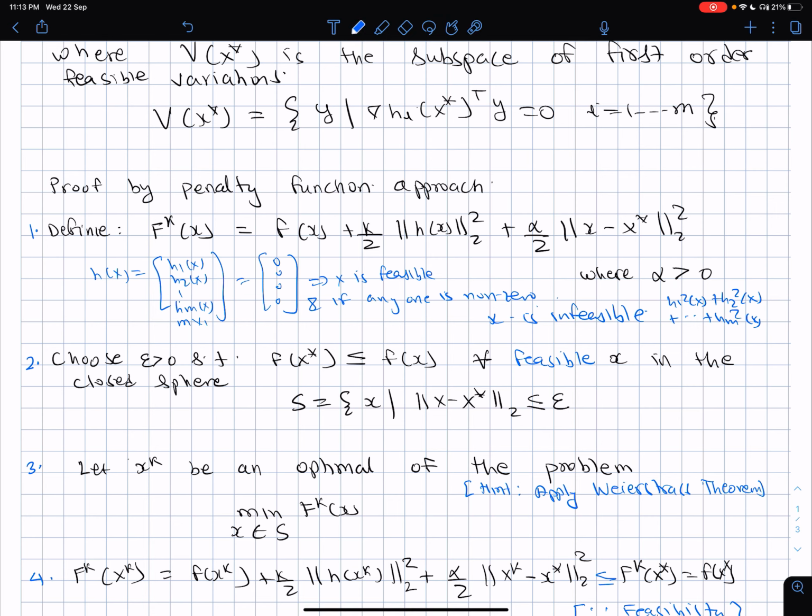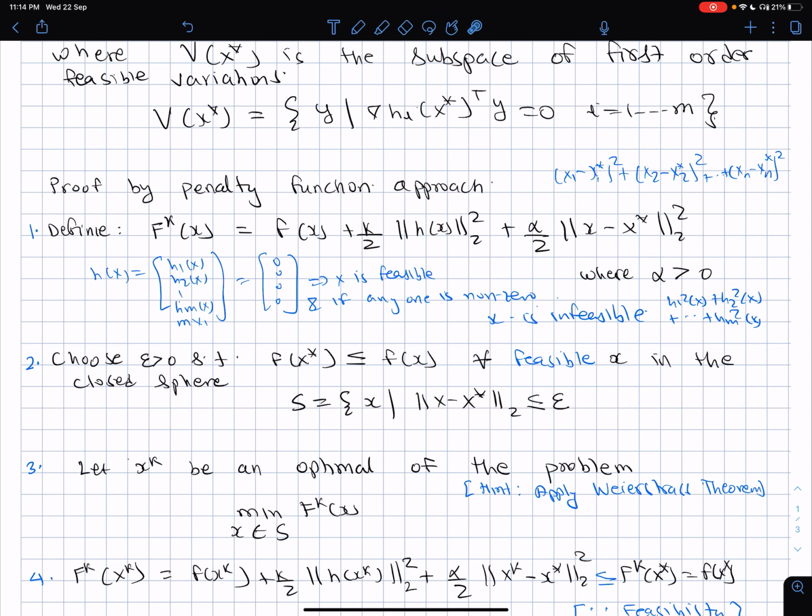So this term is going to run like x1 minus x1 star square plus x2 minus x2 star square and so on up to xn minus xn star square. If you choose any point x other than x star, this term will be positive, and alpha being positive, some positive penalty will come.